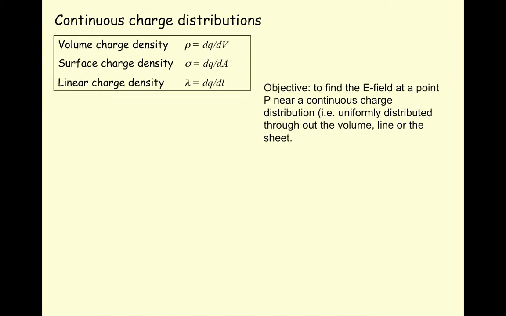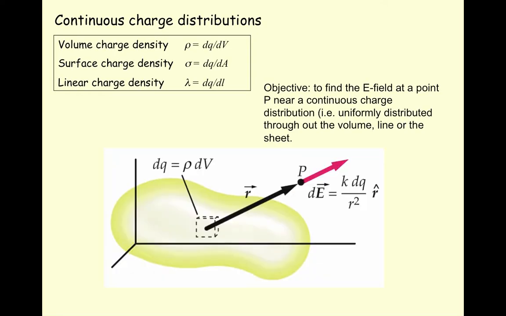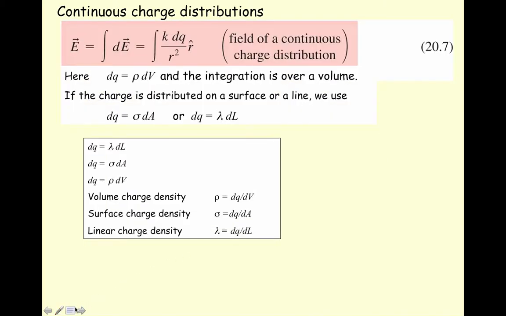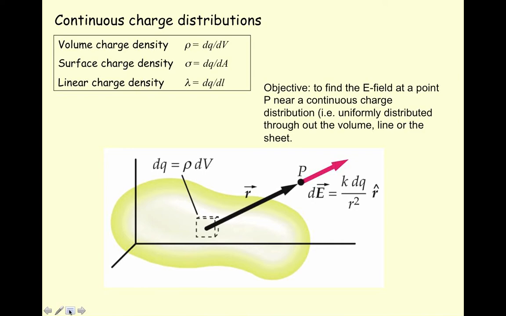What's meant by continuous charge distribution is nothing more than this: if you have a charge that is distributed over this volume, and you want to find the electric field at some point here, and if this charge is positive, then the electric field in this case is away from the charge.